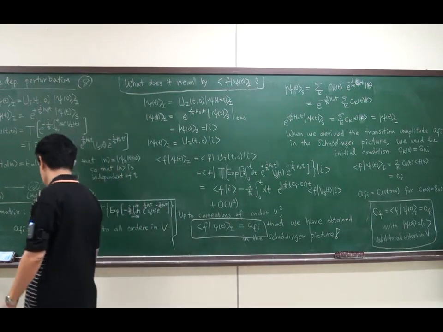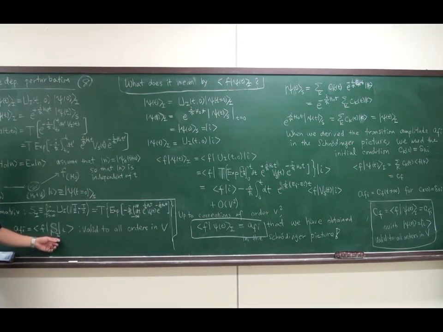But that can be done by projecting the initial state i and final state f onto this matrix. So this S matrix is valid to all orders in V, and we can compute the transition amplitude from the initial state to the final state by making use of this. That's it.